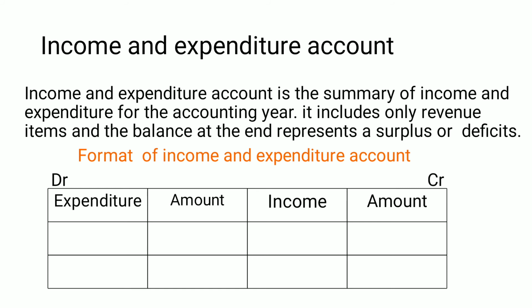If a total amount is given that includes previous or succeeding year amounts, those are deducted, and only the current year amount is recorded in the income and expenditure account. After preparing this account, if the result is surplus or deficit, it is transferred to capital fund and shown in the balance sheet.